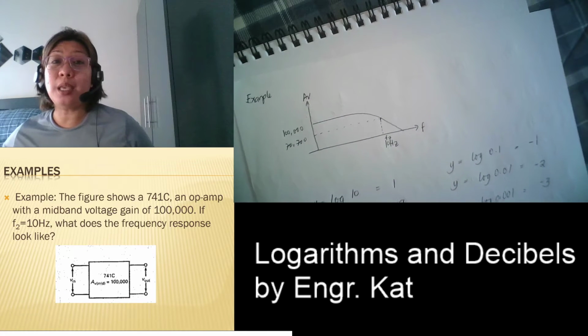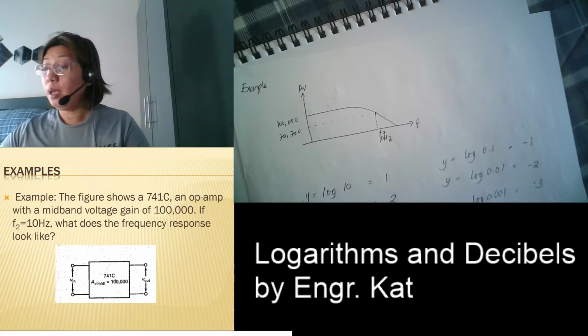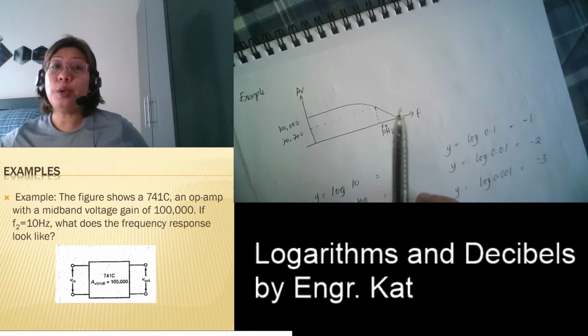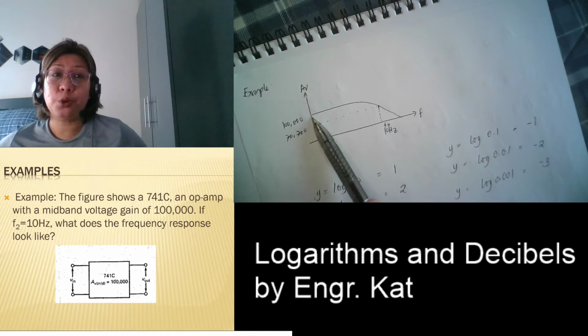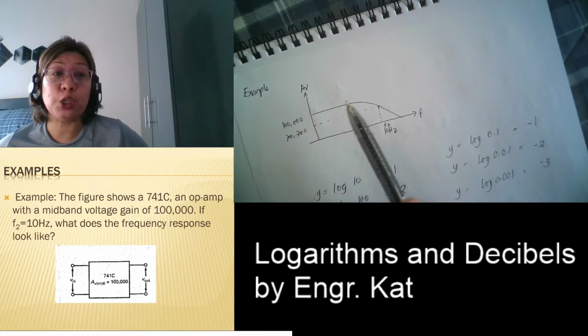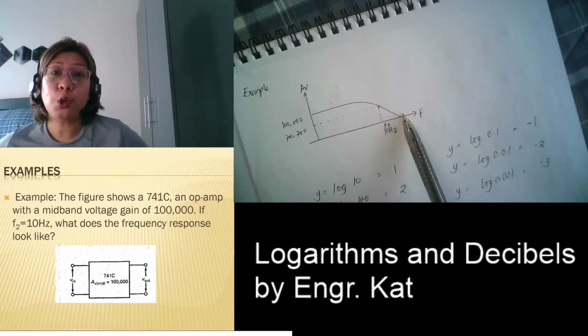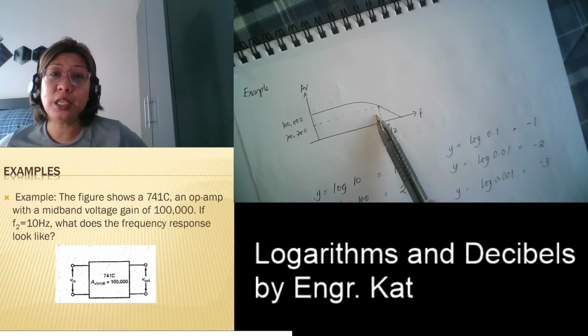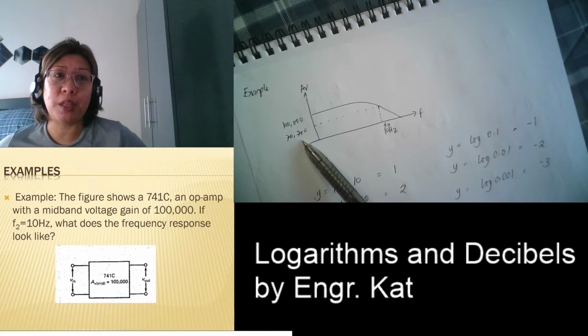So all you have to do is draw the frequency response. Since it is a DC amplifier, it will start at 0. Starting at 0, it will get a 100,000 gain up to a certain cutoff frequency. At 10 hertz, its gain will go down to 70,700. That is your 0.707 point.